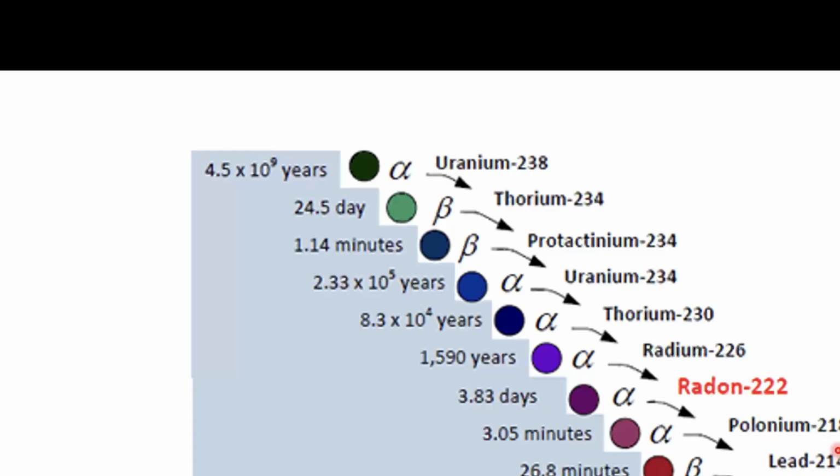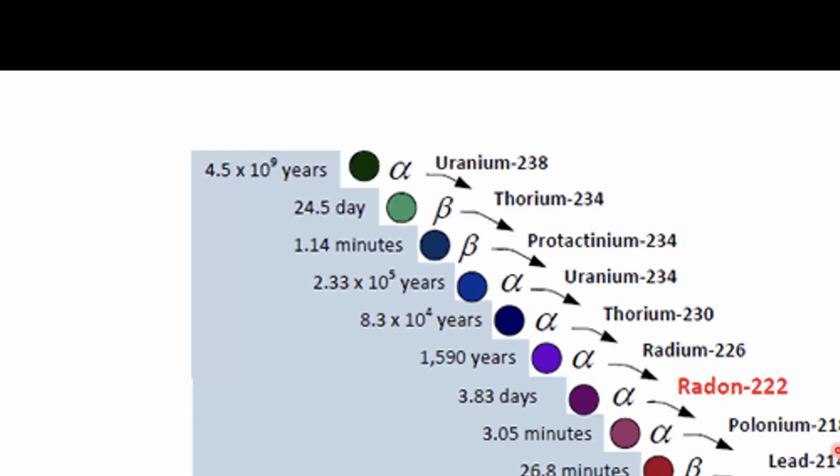So there is a decrease in atomic number and mass number from alpha and beta radiation, while gamma radiation does not change any atomic and mass number, right? So uranium 238 finally decays to lead 206, and it takes almost 4.5 billion years for 50% of the quantity of uranium 238 to decay to lead 206, right?